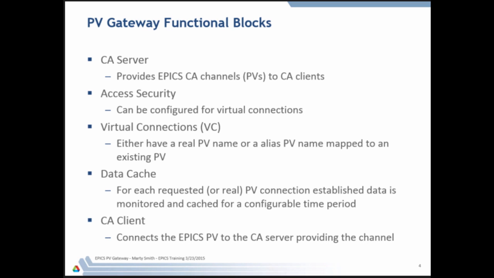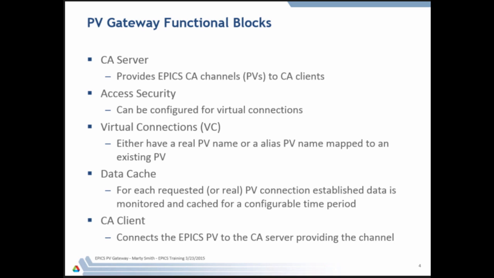So to go over some of the functional blocks, the CA server is what provides the channel access PVs, the connection to the channel access client. So when you start up your MEDM, it sends out a search request. When the gateway sees it, it will establish that connection to the channel access server in the gateway.